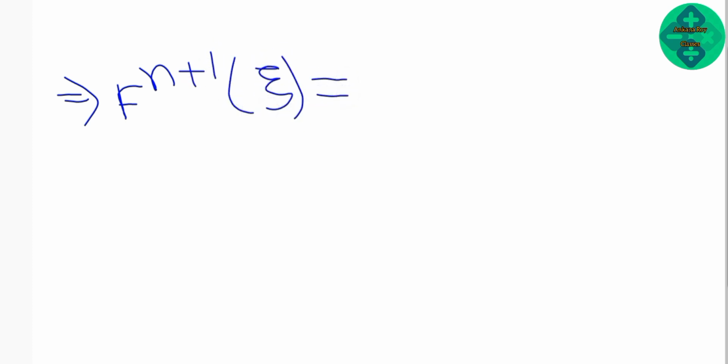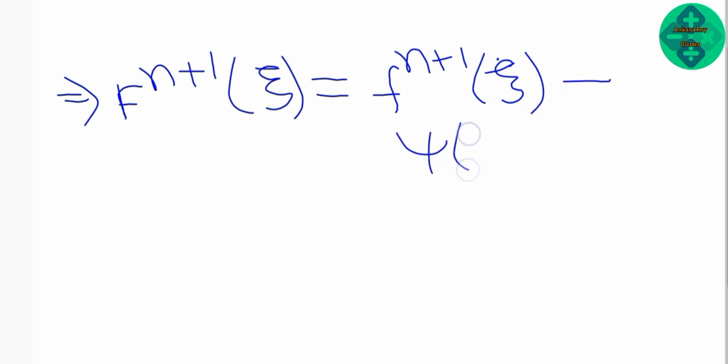Now put x equal to xi. That implies the (n plus 1)th derivative of capital F at the point xi is equal to the (n plus 1)th derivative of small f at the point xi minus psi(x') into n plus 1 factorial.